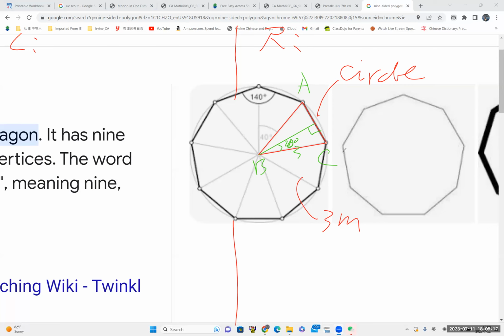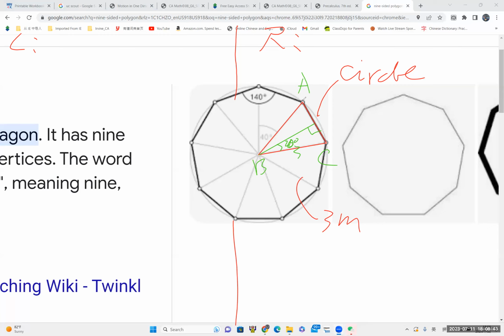Is that 30 degrees or 20 degrees? This is 20 degree.